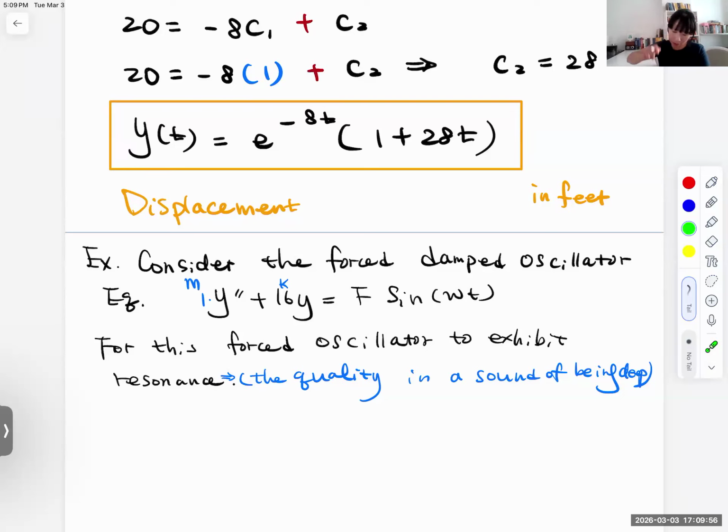So this is omega, right? All right, so what is omega? Don't get confused with the weight W. So this is omega. We call it angular frequency.